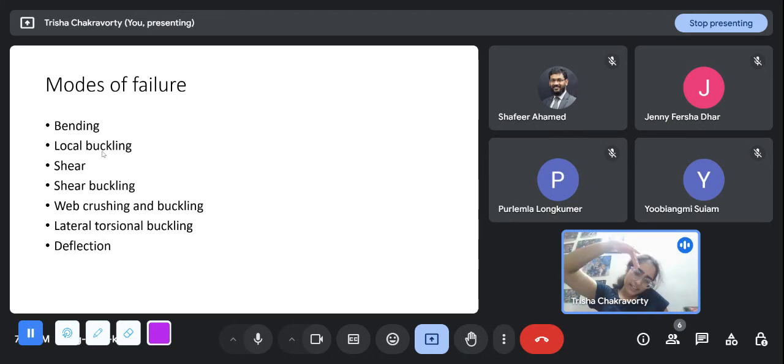Buckling doesn't actually have to do with collapse, but the stability of the structure is affected. And that happens when a structural element is slender. Slender means that one dimension is very high compared to the cross section area. So in concrete structures the cross section area is larger, as I said, and in steel the cross section area is very thin. So buckling is a very important issue here.